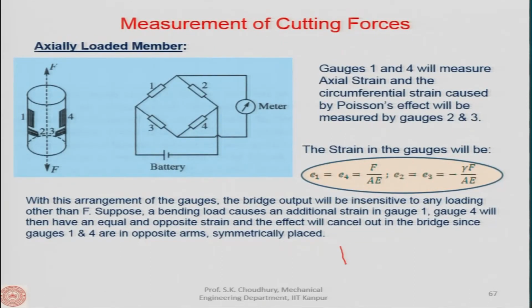Normally there is a very thin paper, and on that paper there is a very thin wire in a spiral shape like this, and its two ends are given here. This wire in the spiral shape is glued on the paper. So, this is a very thin paper, and this is the wire.